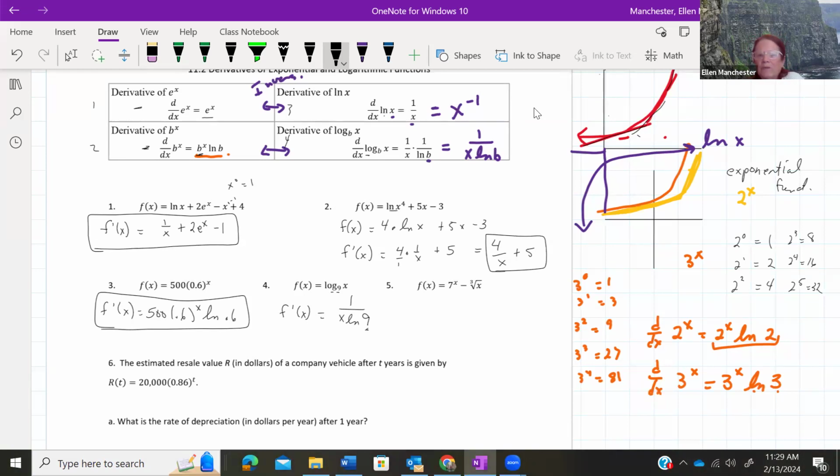Okay. And then the last one, we have a radical. So the first thing I'm going to do is rewrite it without that radical. So remember, the 3, the index, goes underneath. So it's 1/3. Now I can do my derivative. Okay. So here we go.